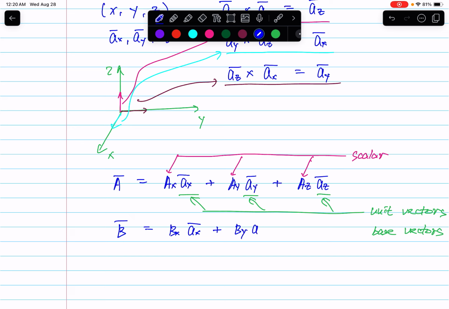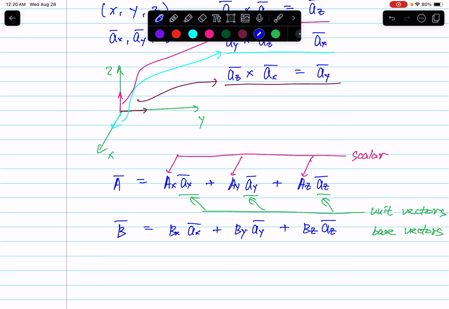Similarly, bx, by, bz are the scalars, and ax, ay, az are the base vectors. Regardless of the vector, base vectors are all the same. They're all ax, ay, and az.